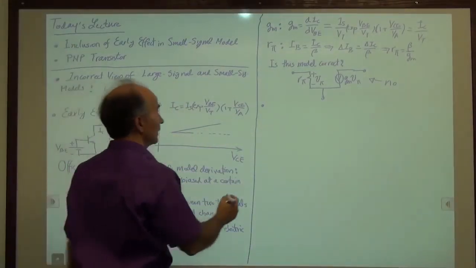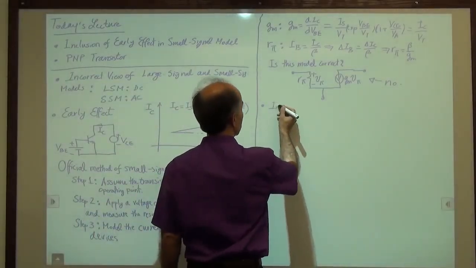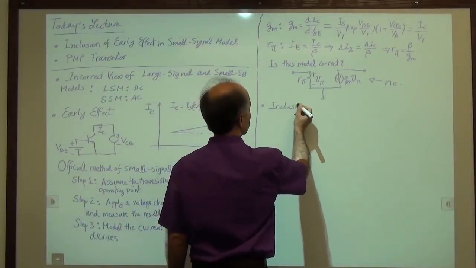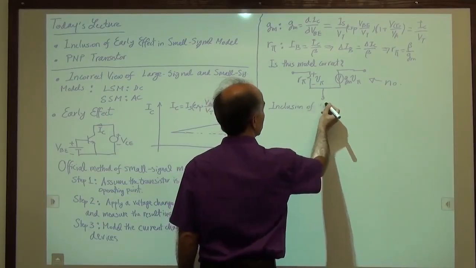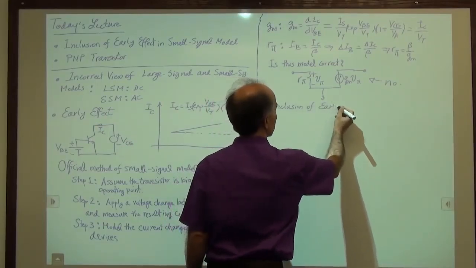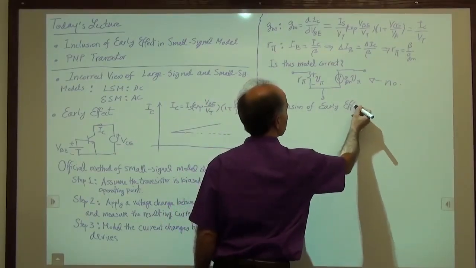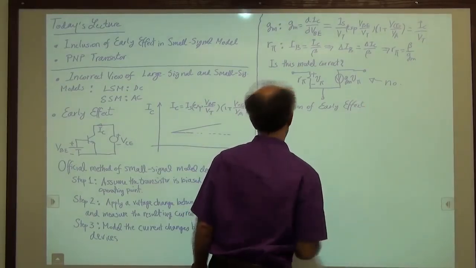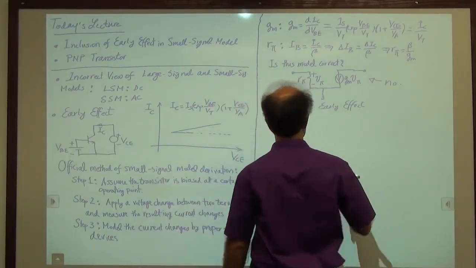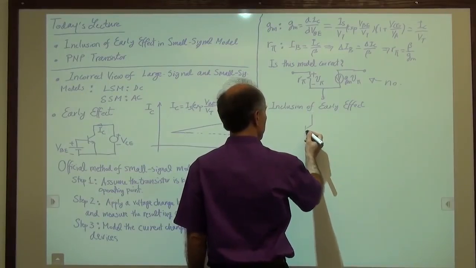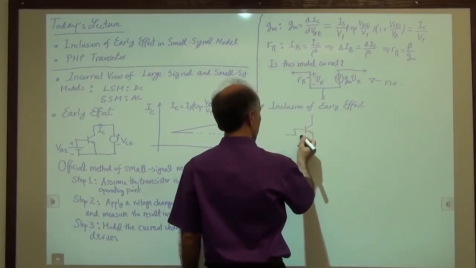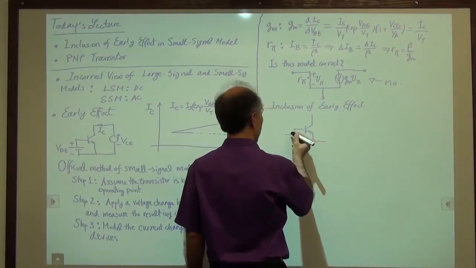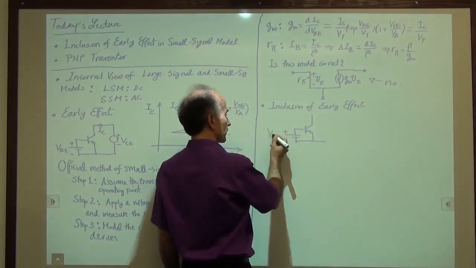So we say inclusion of Early effect. Okay, so I will follow this procedure. I will draw the transistor here, assuming that it has certain bias. So I have a certain base emitter voltage.